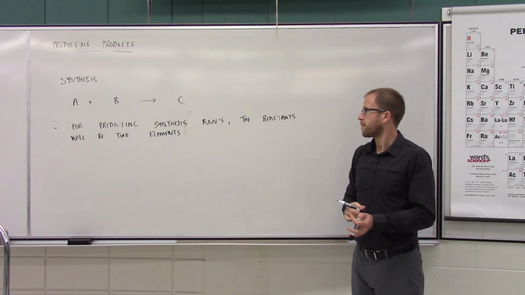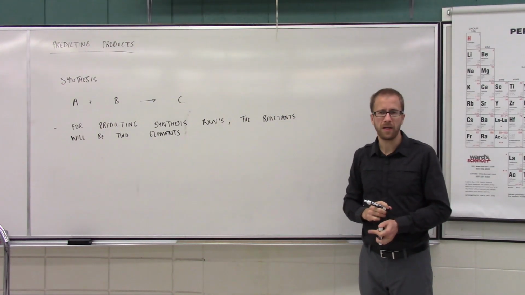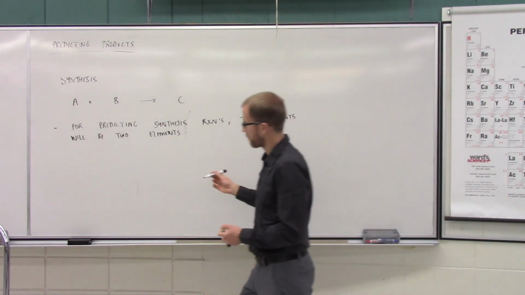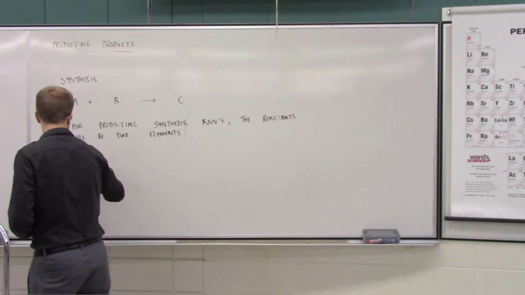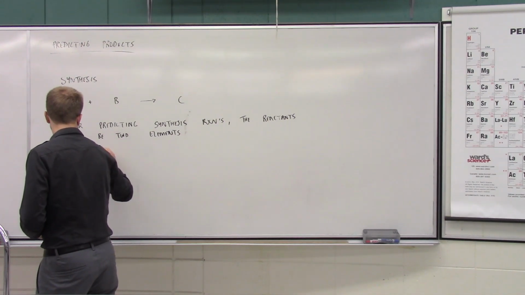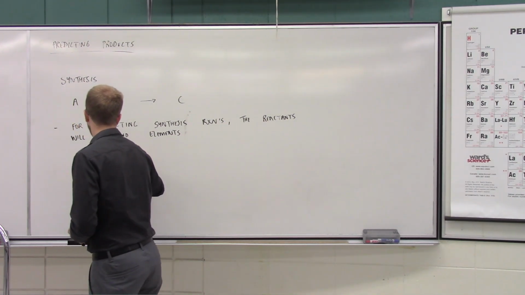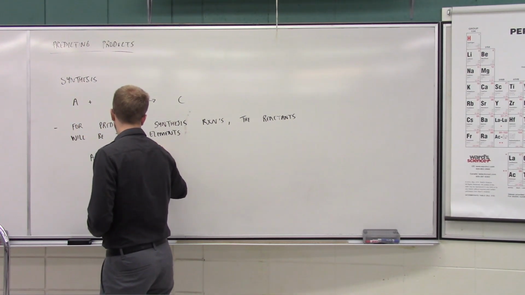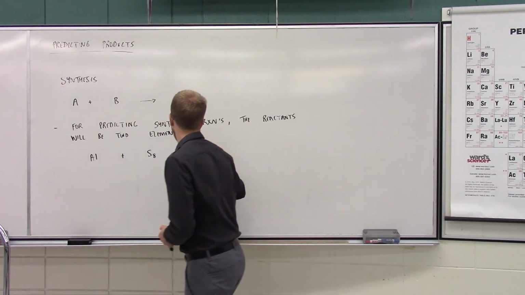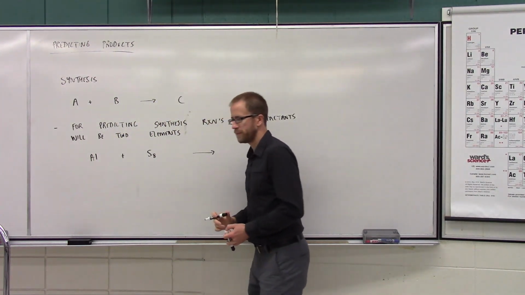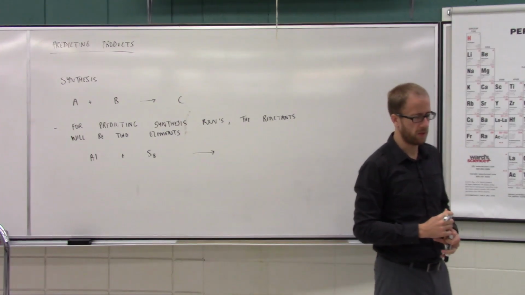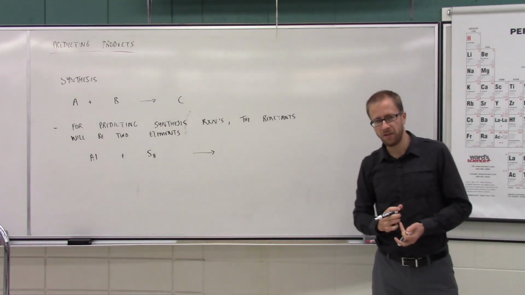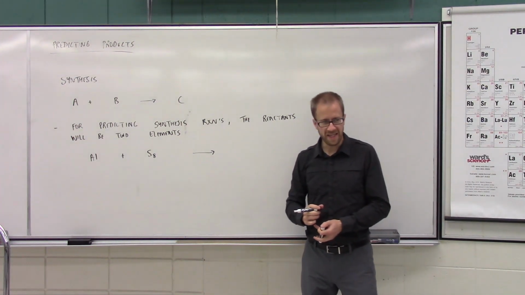So, super simple example would be something like aluminum plus, say, sulfur. By the way, elemental sulfur is S8.